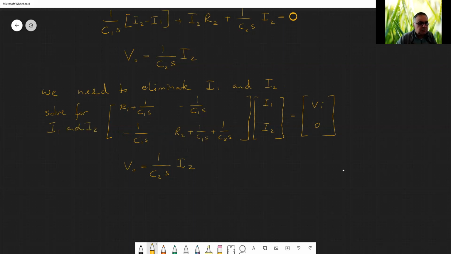And then if you substitute the solved I2 into here, you get an expression for VO. Substitute the solution for I2. Okay. How do you do it? This is a 2 by 2 equation. You can use Cramer's rule, for example, which is not too hard really. We just need to solve for I2, by the way.